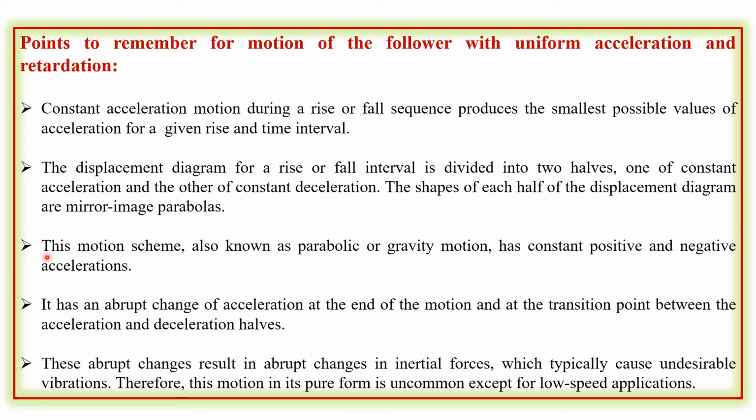This motion scheme, also known as parabolic or gravity motion, has constant positive and negative accelerations. It has an abrupt change of acceleration at the end of the motion and at the transition point between the acceleration and deceleration halves. These abrupt changes result in abrupt changes in inertial forces, which typically cause undesirable vibrations. Therefore, this motion in its pure form is uncommon except for low speed applications.